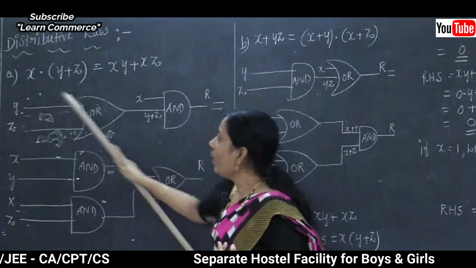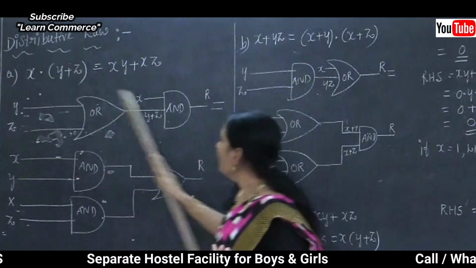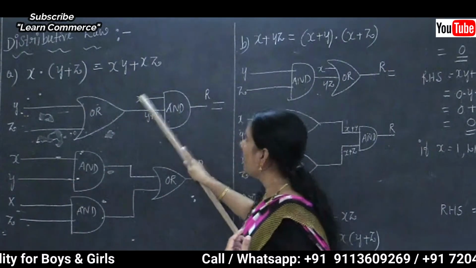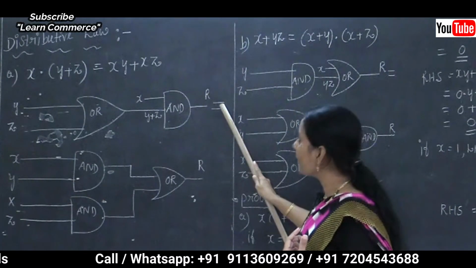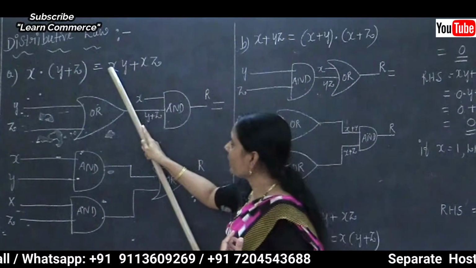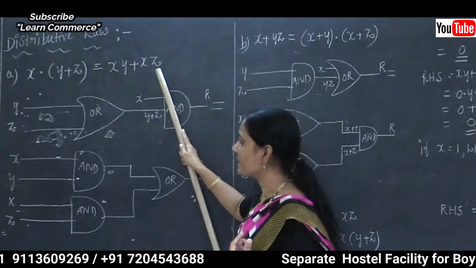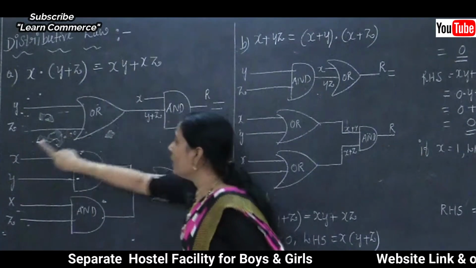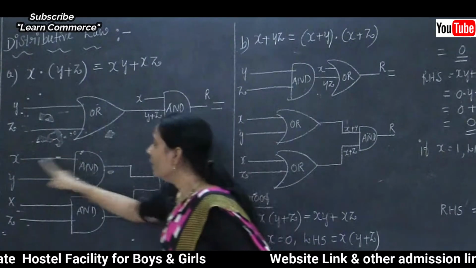So y or z, that is y plus z, and x. Now the result is equal to xy plus xz. Here the dot operator is in between, so x and y.